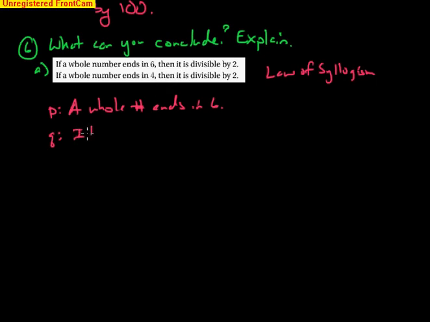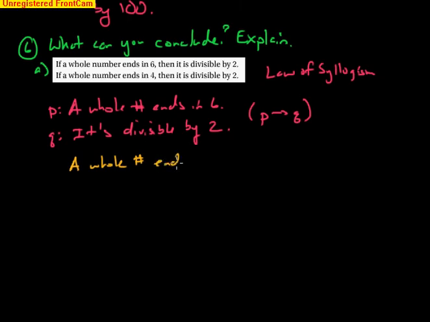The first conclusion, it's divisible by 2. So this is the first conditional, if P then Q. Now let's go to the second one. Again, another conditional. So a whole number, the second hypothesis, a whole number ends in 4.